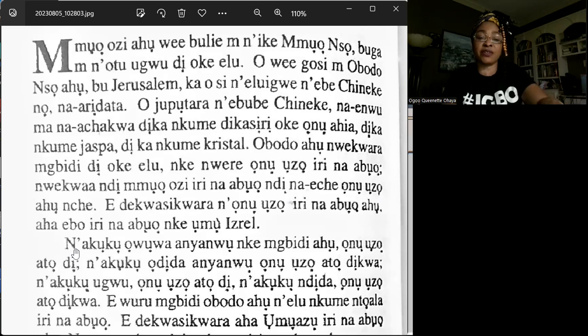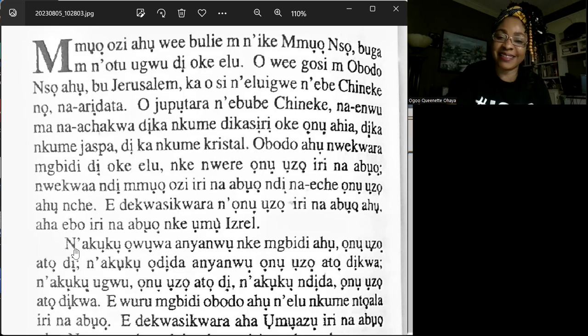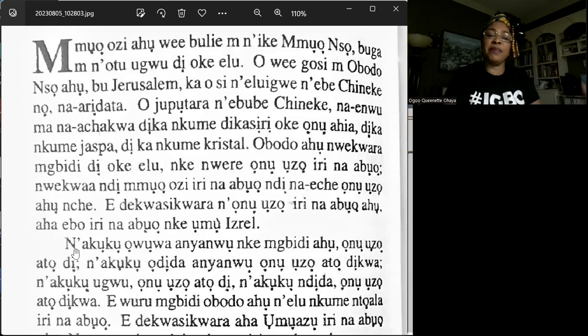So those 12 angels are on those doors, each door. They are like the bodyguards, security people. When I say enwere m ndị na-eche nche na gate, most people say they have a gate man. So it means you have security people. So that's exactly what it's talking about.